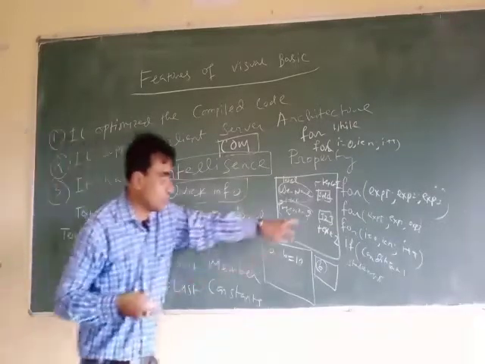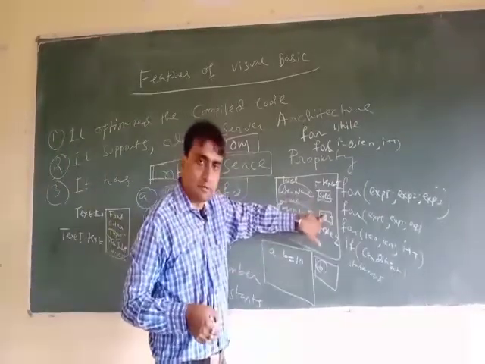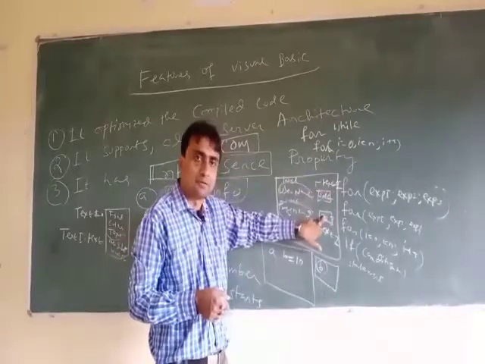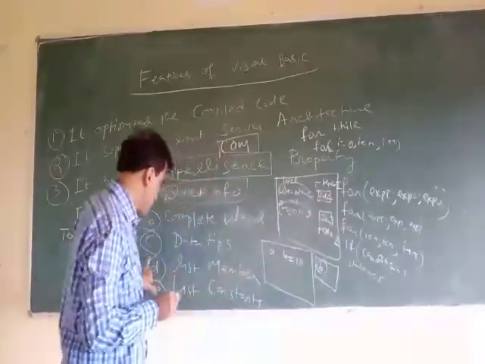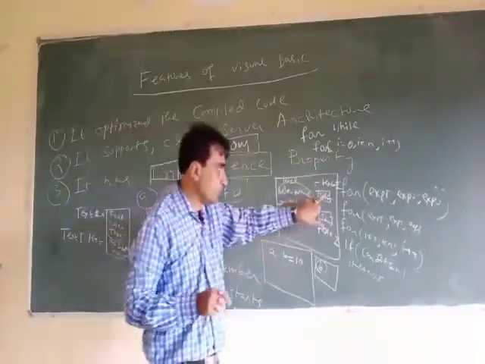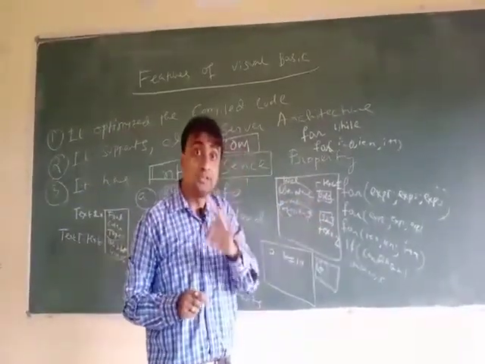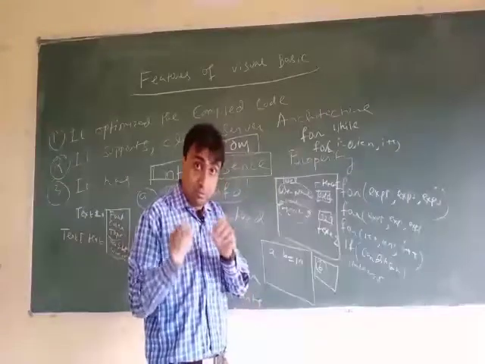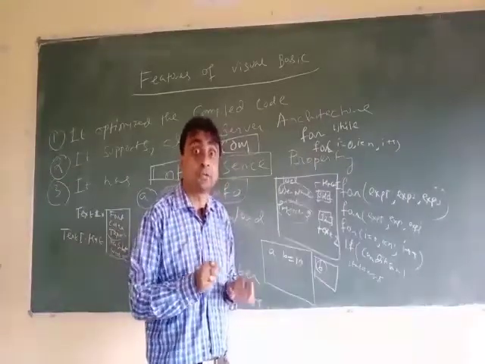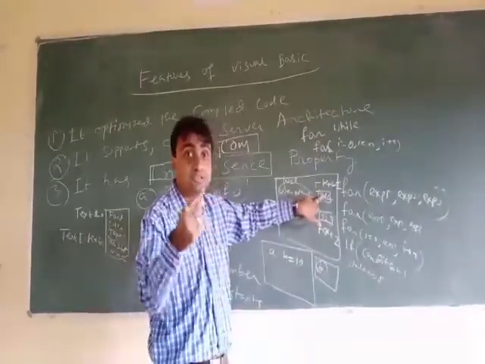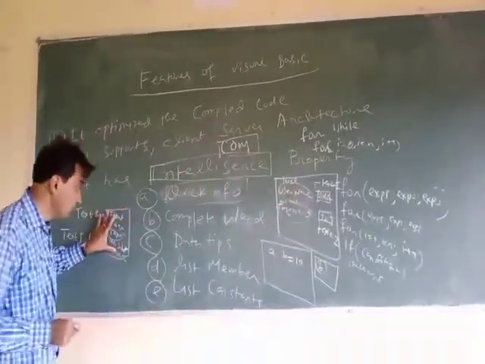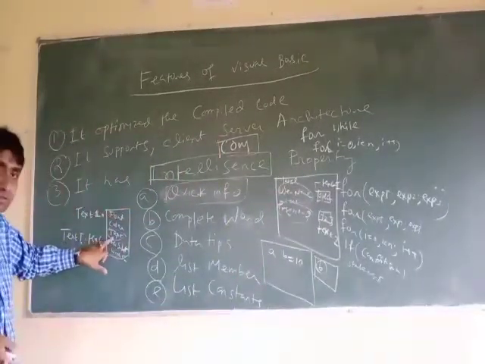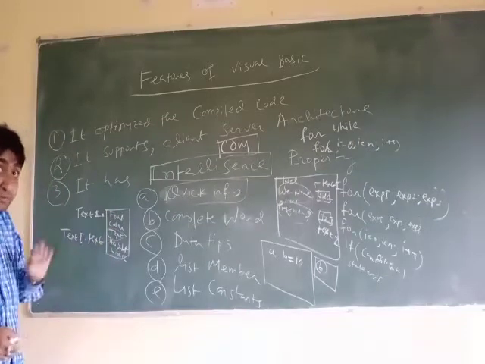Because font is not required here, color is not required, height and width are not required. Already it has some height and width. What we need here is to be able to type the input. What is that input? Text. That's why from the member list we select text. This is called List Members.